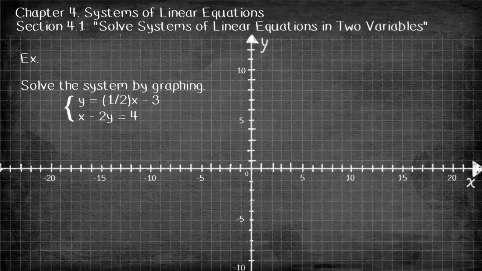So the first line, I know b is negative 3, and m is equal to 1 over 2. So here's b, and then for every 2 spaces right that I go, 1 space upward.